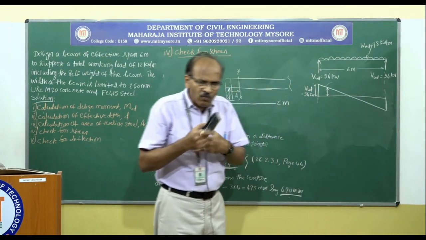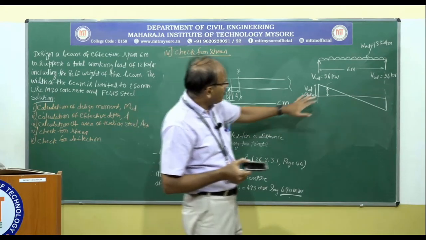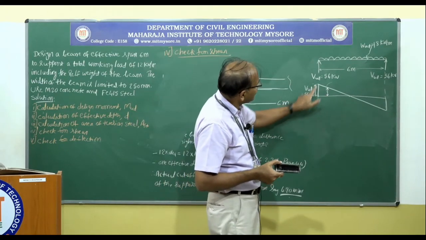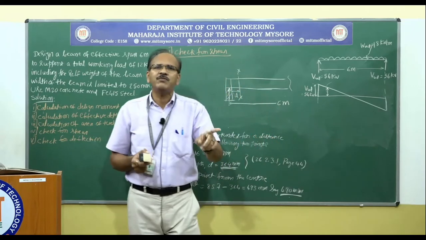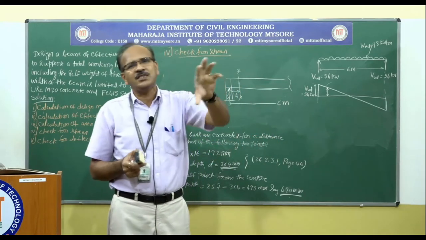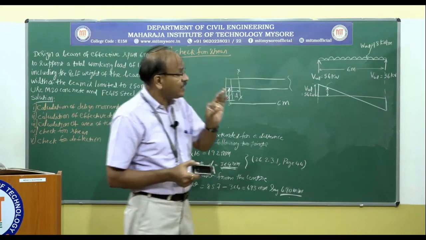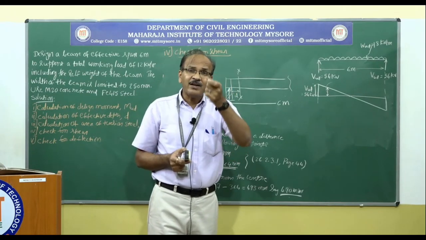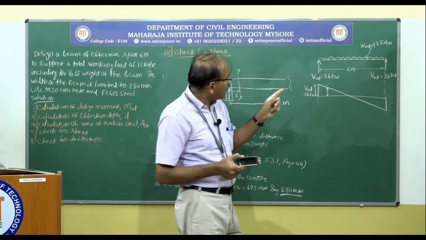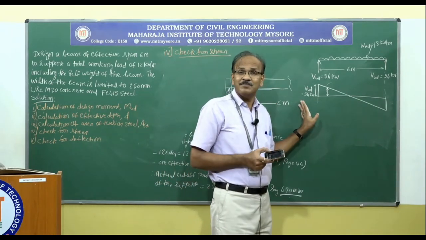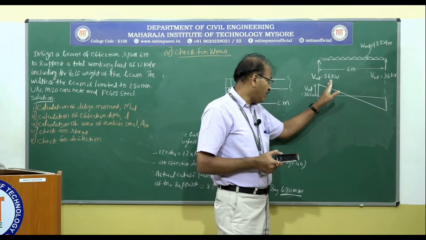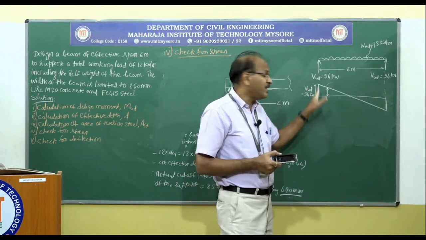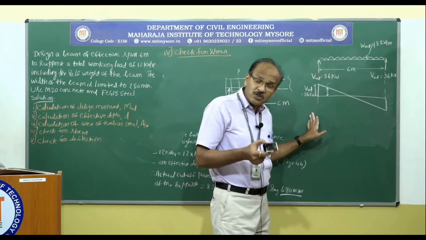But normally what we do is, we don't do this. Instead, we are going to take this value as the maximum shear force and we are going to design for the shear force. So by doing that, of course, we are committing some error. So whatever error we are committing is going to be on safer side. Instead of designing for lower shear force, we are designing for higher shear force. That's okay.